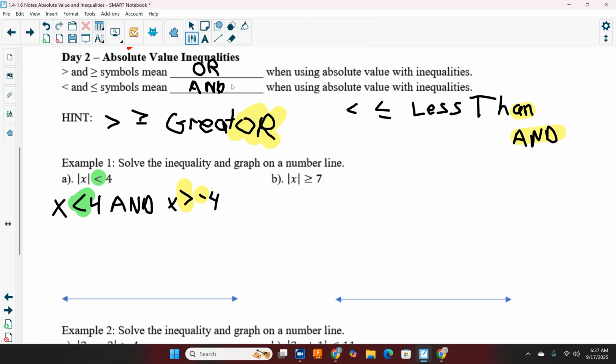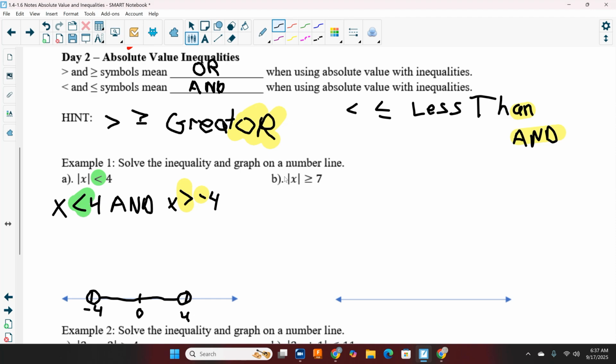If we go back and look at this, here's 0 in the middle. X is less than 4, so there's 4, and greater than negative 4. We've had lots of practice on this at this point. Hopefully we realize that's an open circle on both ends, and now we are shading in between.